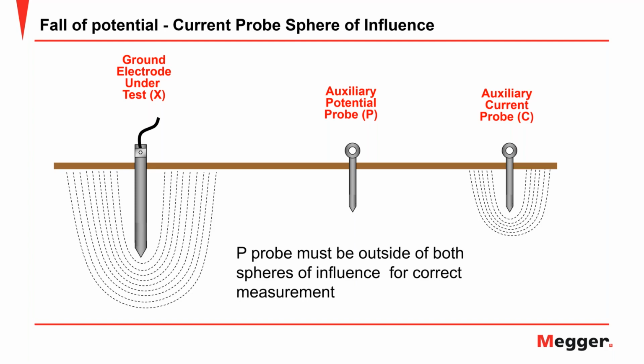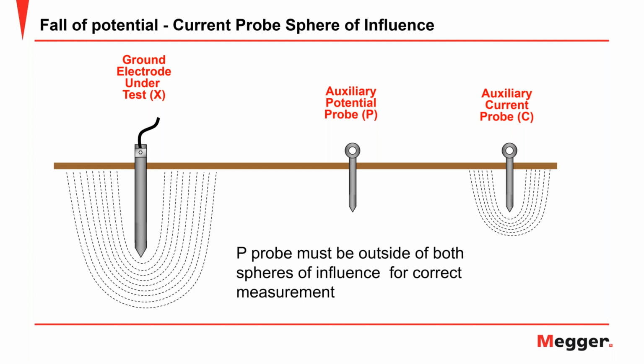That in real good soil, that could be like 10 feet. In real bad soil, that could be half a mile. You just don't really know. But it maximizes at some point. And then, of course, your current probe, because it's doing kind of the same thing, it's injecting current into the soil. So the current probe has its own electrical field around it. And you want your potential probe somewhere in between.